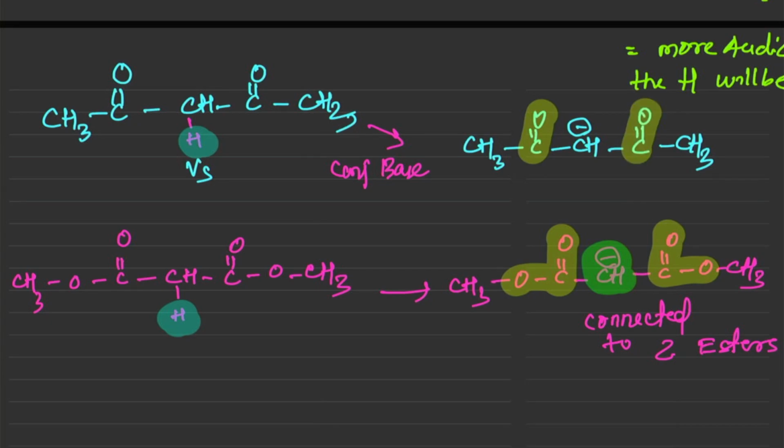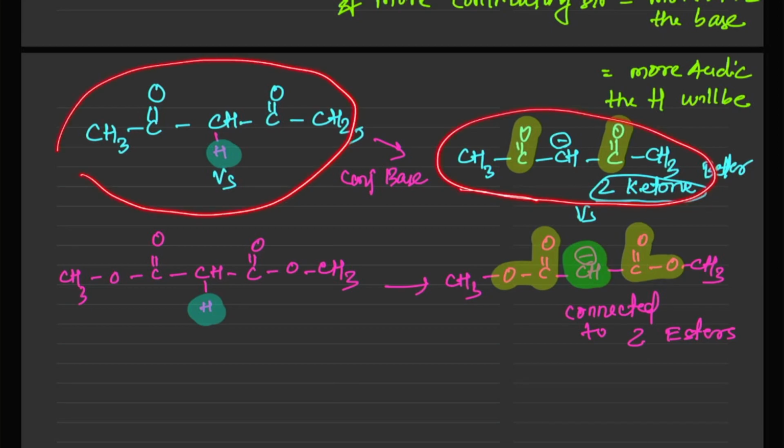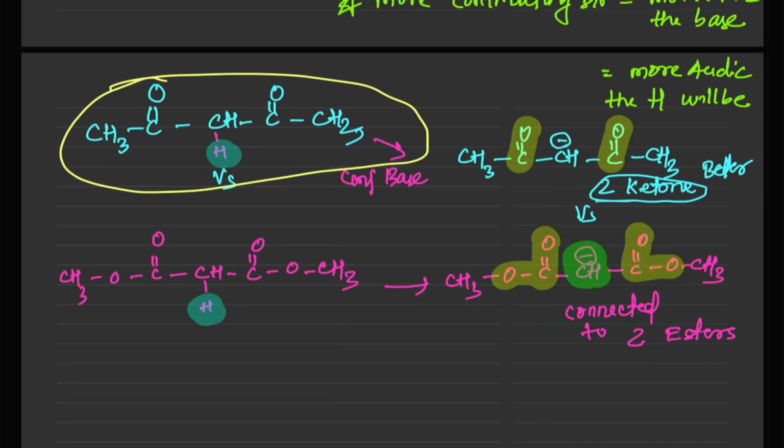So ester is worse, connected to two esters, versus two ketones. Ketone is better, so this one is better. If something is more stable, the corresponding conjugate acid is going to be more acidic. So this one here is going to be more acidic.